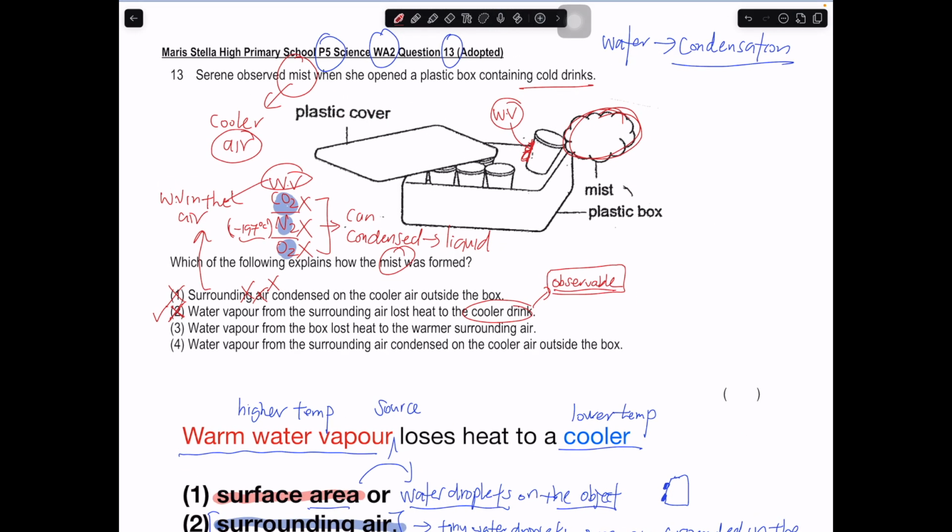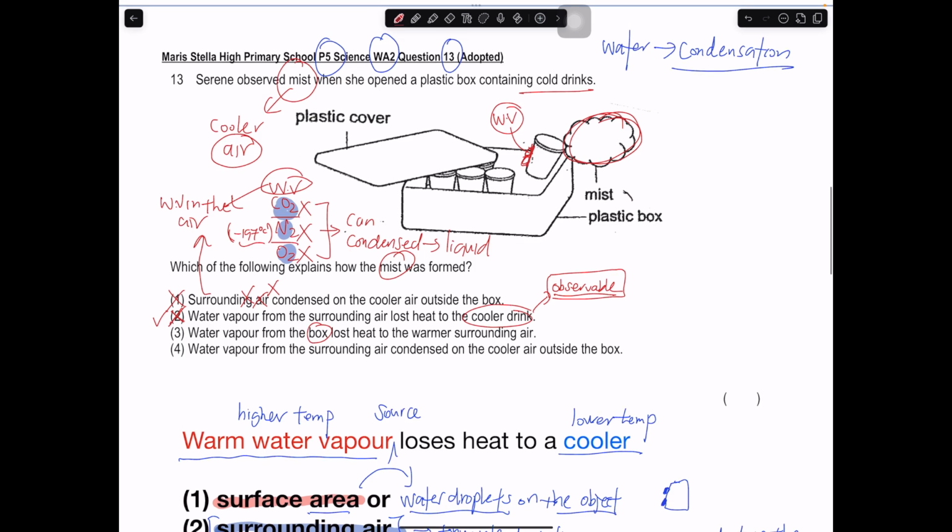Water vapor from the box loses heat to the warmer surrounding air. This is not possible, because the water vapor in the box will be at a much lower temperature, and it cannot lose heat. Therefore, it should not be how the mist is formed.